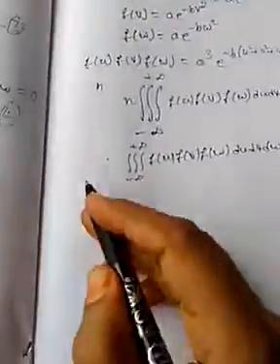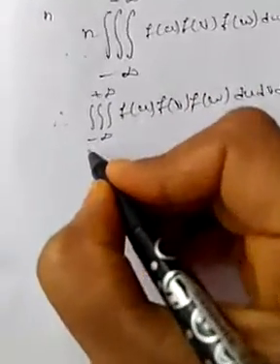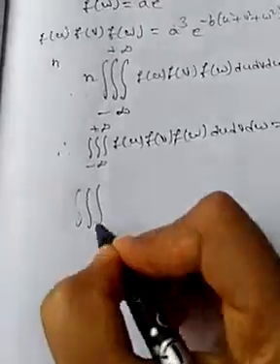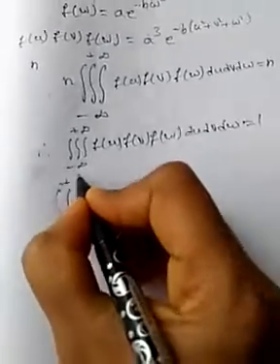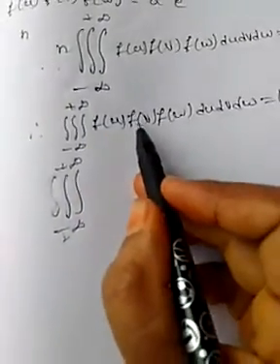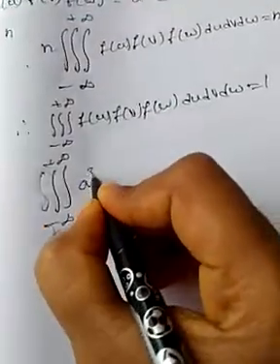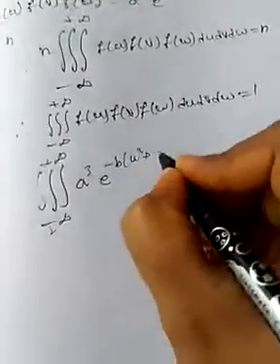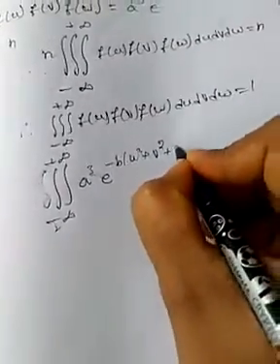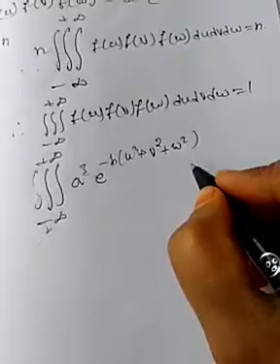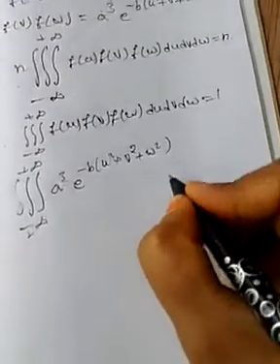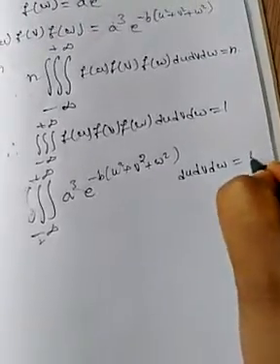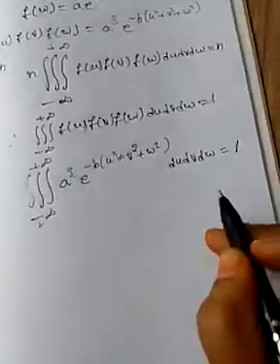Then this equation becomes the integral from minus infinity to plus infinity of a cube e power minus b (u square plus v square plus w square) du dv dw equals 1.